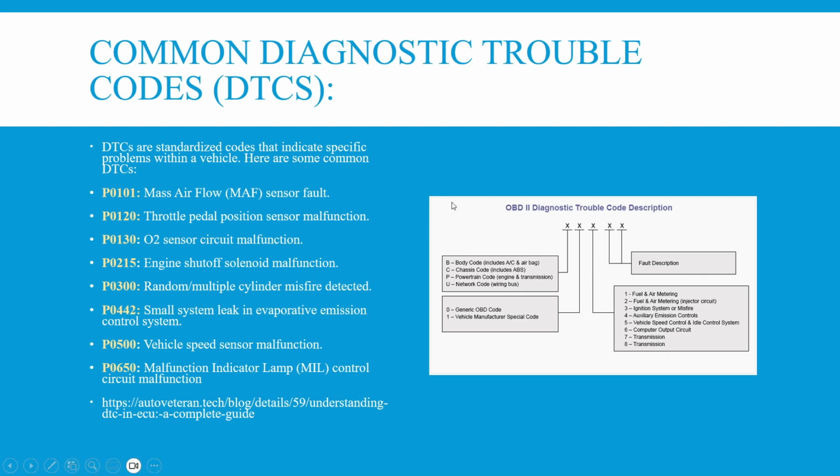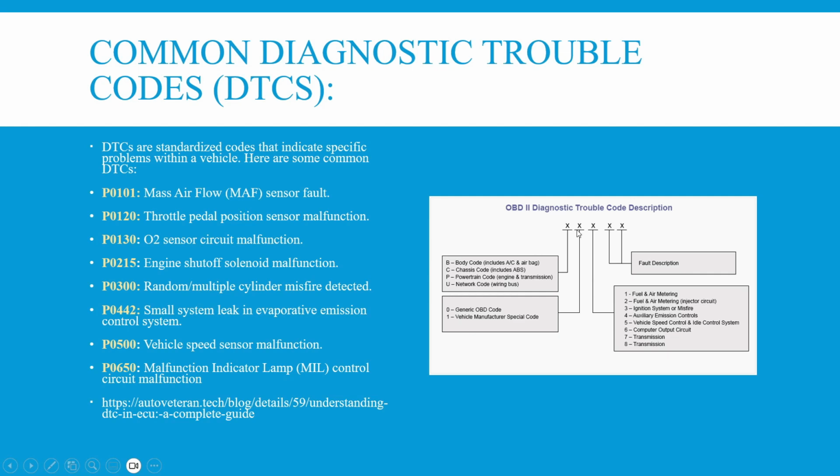And the letter U indicates a network code, the wiring faults. So these four letters indicate four different subsystem faults in the first digit of the error code.